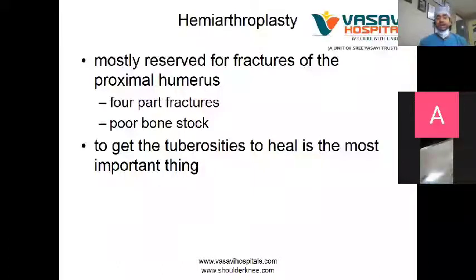And then the next type is hemiarthroplasty, which is mostly reserved for fractures of the proximal humerus.